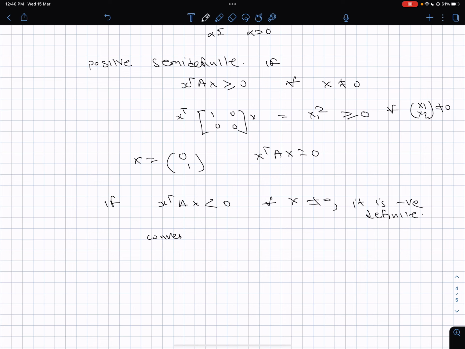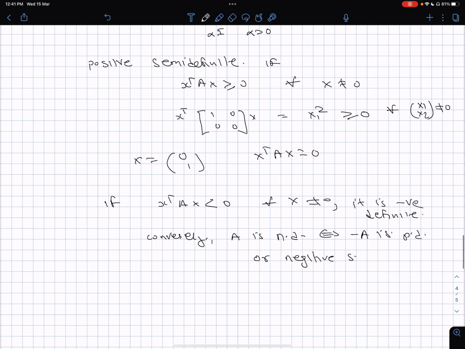All we are saying is that A is negative definite means minus A is positive definite, because x transpose (minus A) x is greater than 0 for all x not equal to 0. So no separate study is required for negative definite or negative semi-definite matrices.